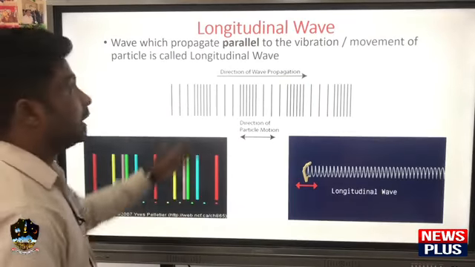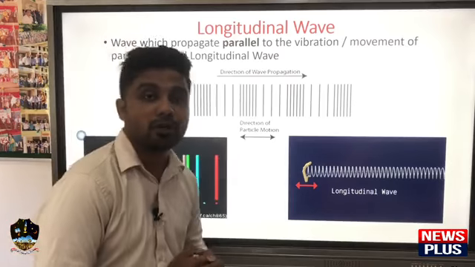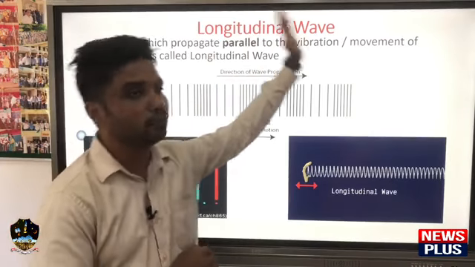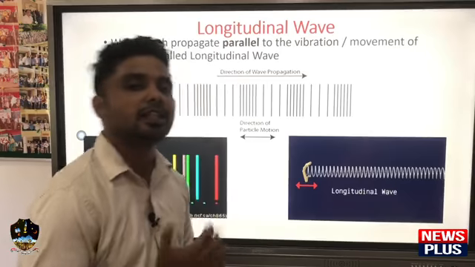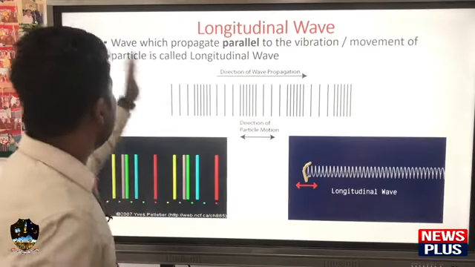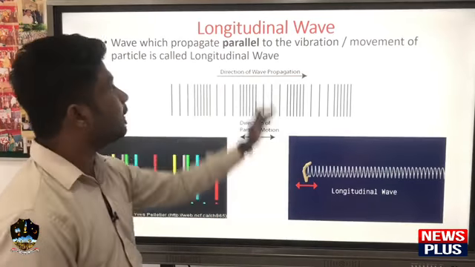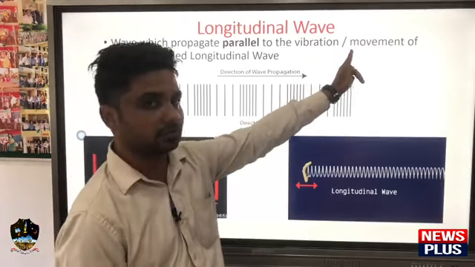Let's look at another wave. We call that one the longitudinal wave. It is a wave which propagates parallel to the vibration.